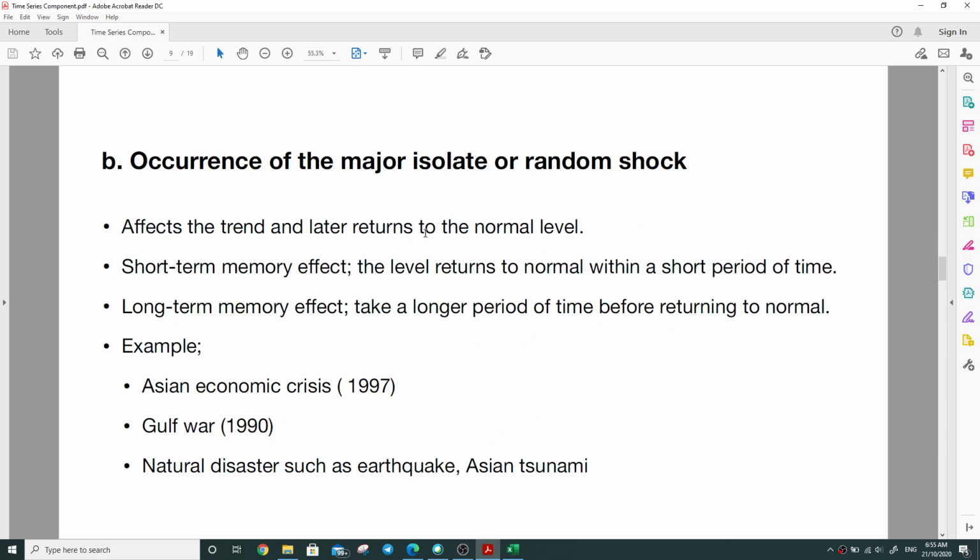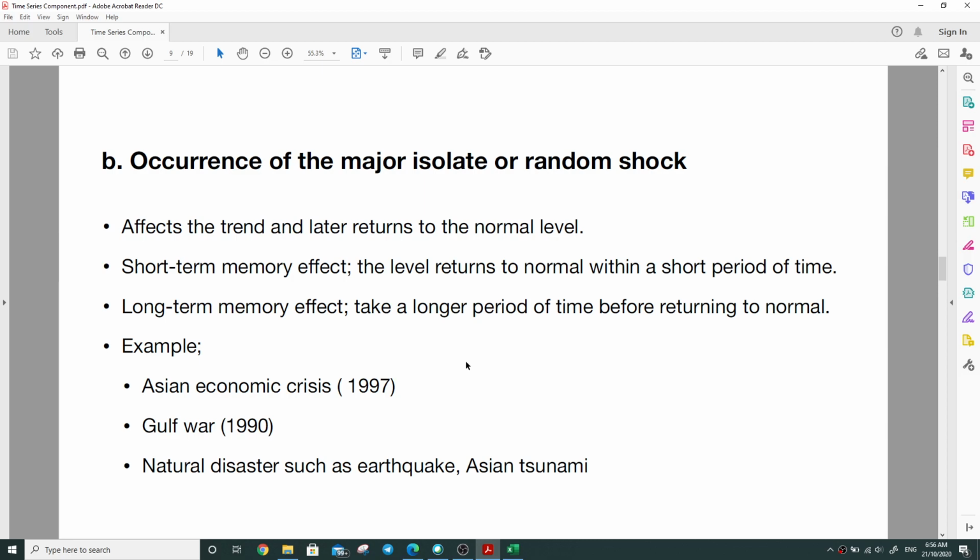Next, major isolated or random shock. It affects the trend and later returns to the normal level. This depends on whether it has a short term effect or long term effect: short term memory effect, long term memory effect. Why do we use memory?